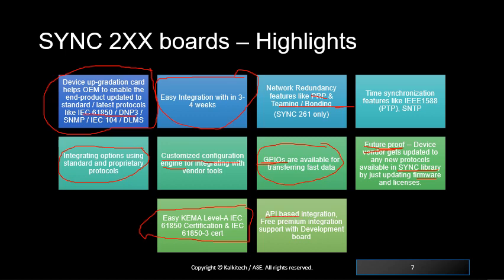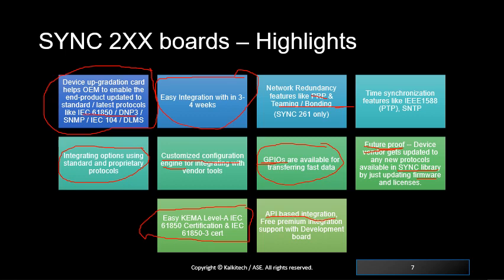Then there is API based integration functionality. If any user wants a detailed interface using the API, and wants to fetch the data and work with it, this can be used, especially in Sync 261, where the capability is very high. It can be used as the main processor for their own board.